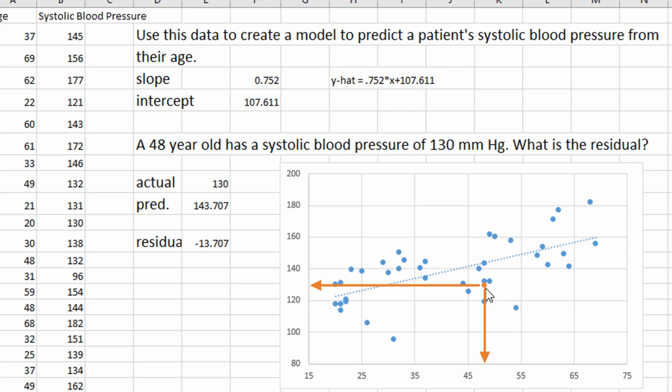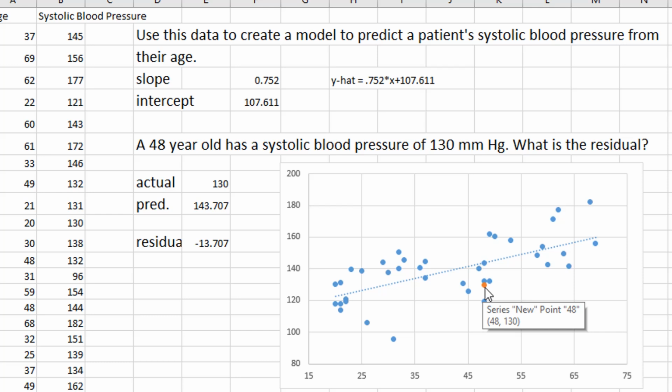So you can see this new point, 48, 130, is below the regression line. So a negative residual means this dot would be plotted below the line. In other words, it means that my regression model overestimated the systolic blood pressure for this individual. That's how you interpret a negative residual.